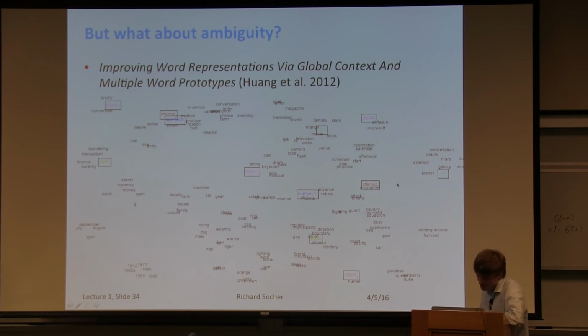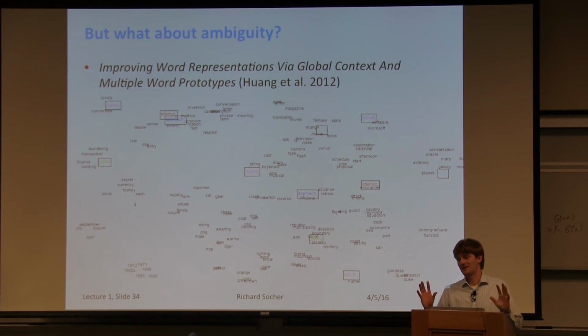And we have here star, and there's one star that's close to galaxy, and here we have another star that's close to movies. It learned that there are different kinds of stars, like movie stars and galaxy types of stars. And there are lots of other examples. Jaguar, I think, is a bass guitar manufacturer, but it could also be a software, and could also be the animal, and that would then be close to hunter.